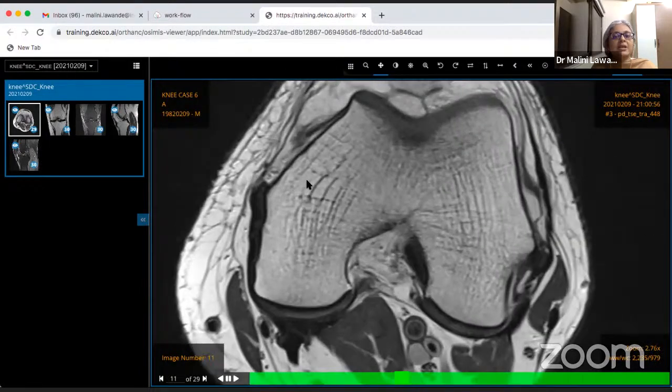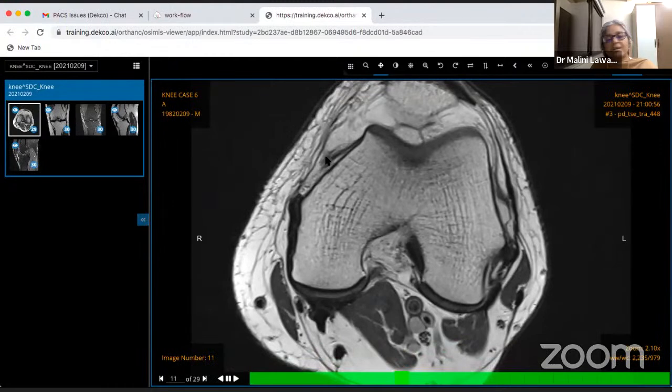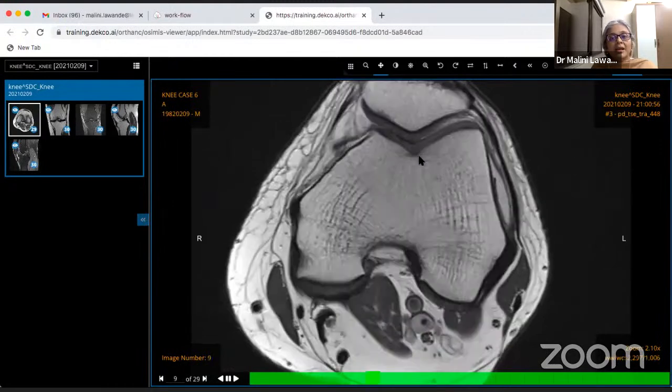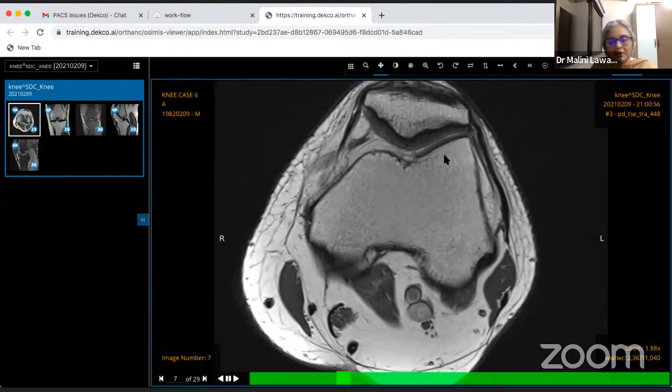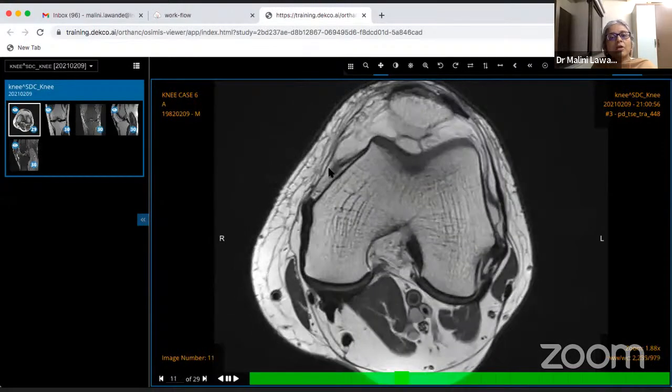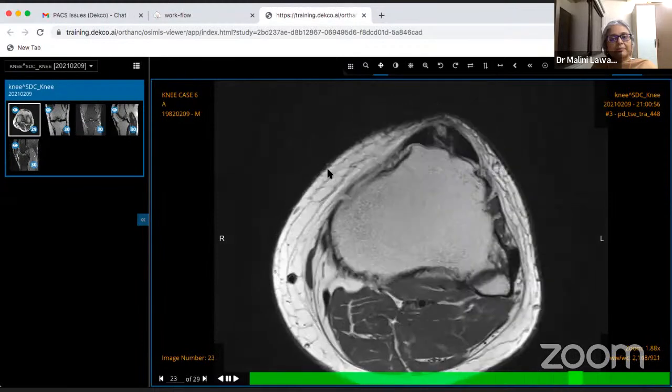So yes, this is attenuated, but we find this very often, and unless there are other signs of patellar instability, or clinically there is patellar instability, we would not be worried too much about this. The problem with MR is it shows quite a lot, and we need to figure out which of them is significant.